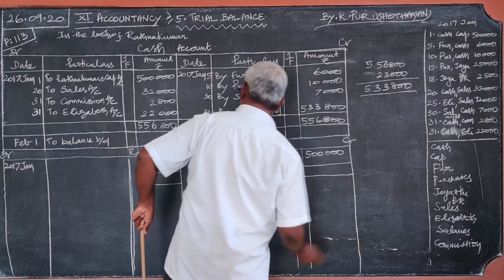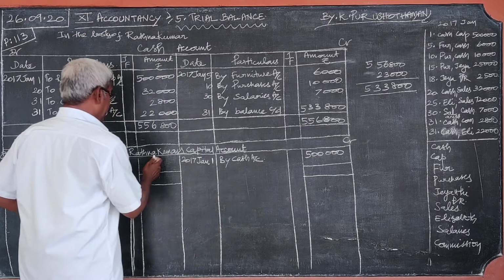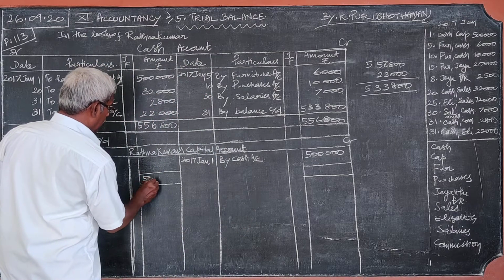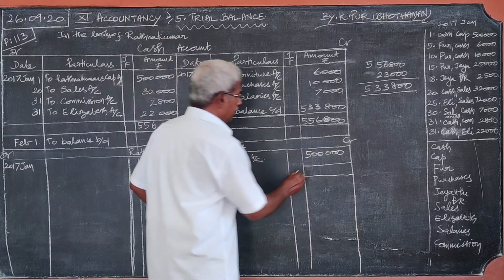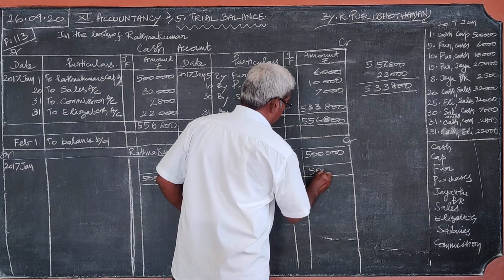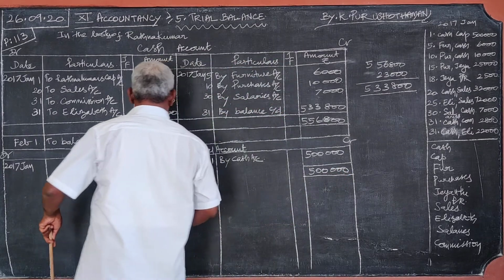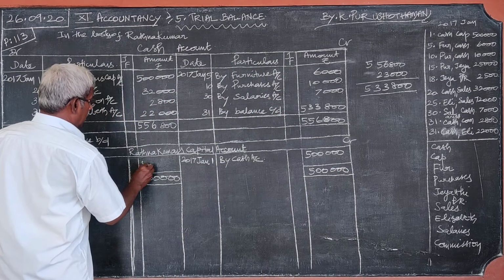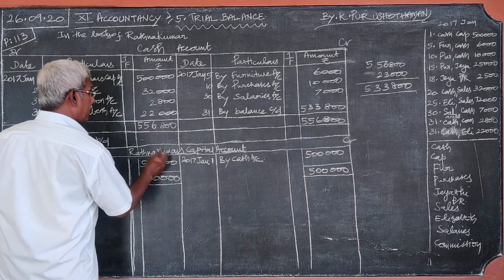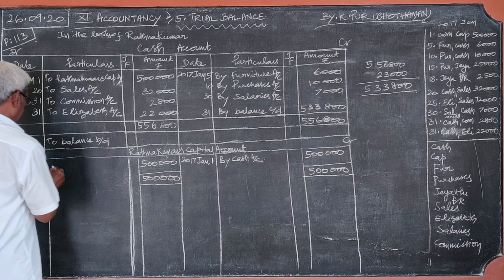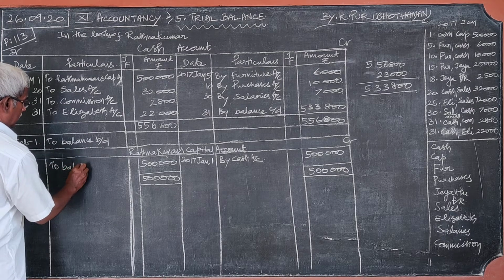In this capital account ledger, only one entry. Here the total 5 lakhs, here 0. So you write the greater total on both sides. How much is missing? The entire amount is missing, 5 lakhs. For the balancing figure, you write balance carried down.